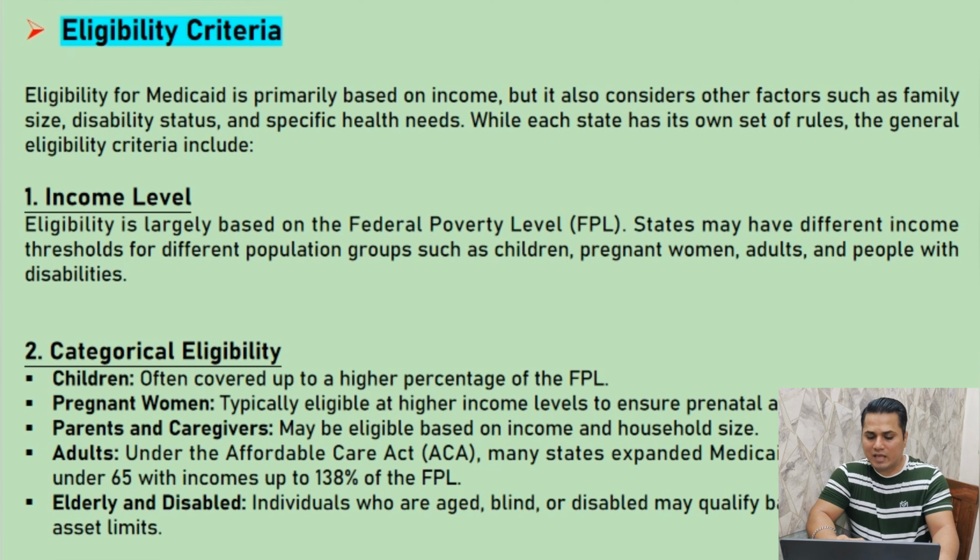Adults: under the Affordable Care Act, which is called ACA, many states expanded Medicaid to include adults under 65 with income up to 138% of the FPL. Elderly and disabled individuals who are aged, blind, or disabled may qualify based on income and asset limits.